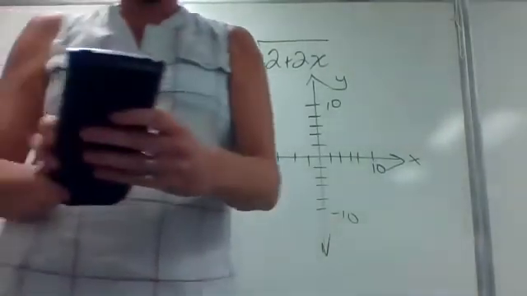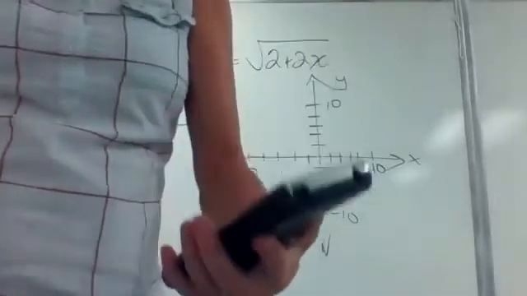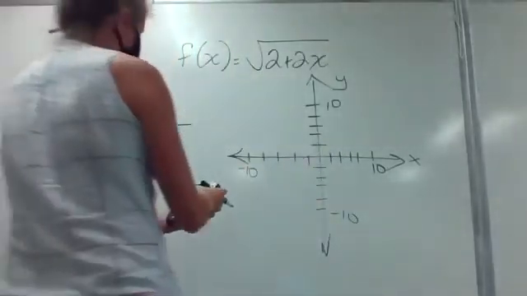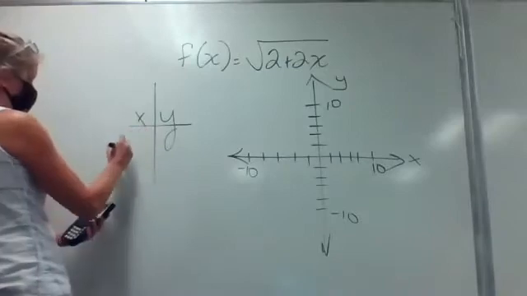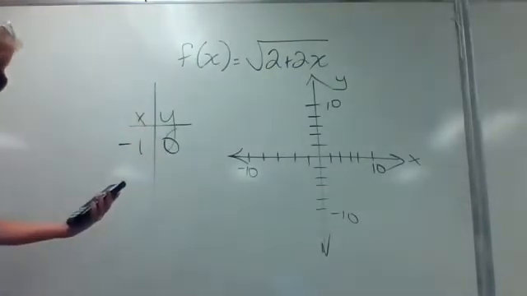So if I go to second table to start getting points, the first point that's not an error is -1, 0.